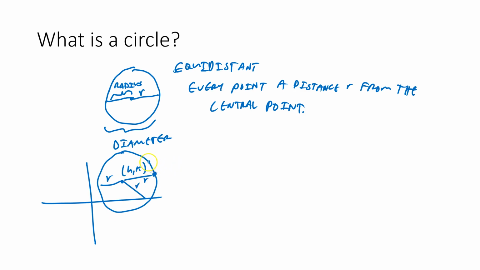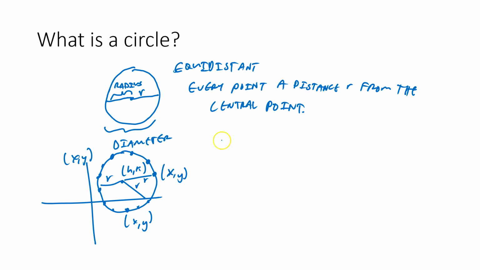Well, the whole idea of what an equation is, like if you have the equation for a line or a circle or a parabola, whatever it is, every point on here, x comma y, no matter where it is, has to satisfy the same equation. Every single point on the outside here. What we just said is the distance from h, k to x, y is always equal to r. So we can relate all these variables together.